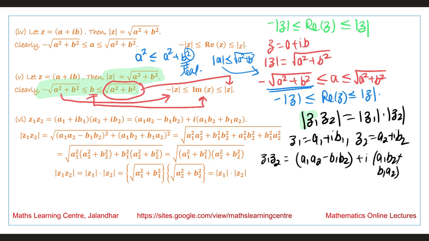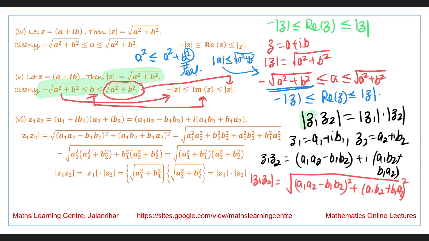So if we take the mod over here, the mod of z1 z2 is equal to the square root of (a1 a2 minus b1 b2) square plus (a1 b2 plus b1 a2) square.